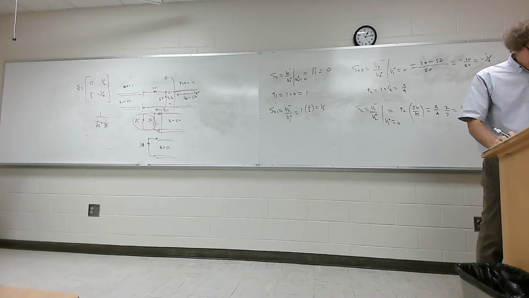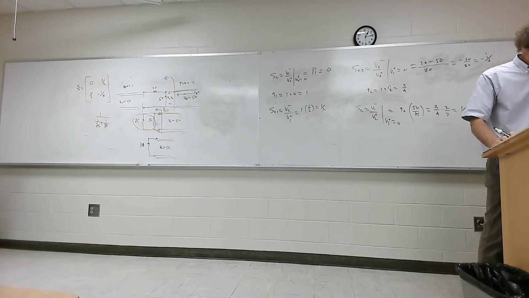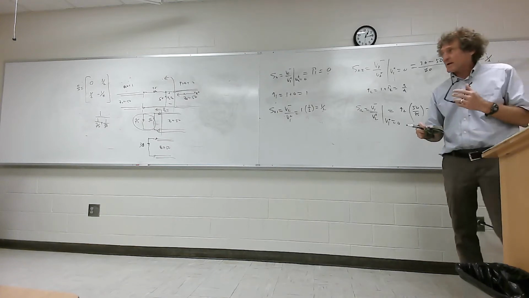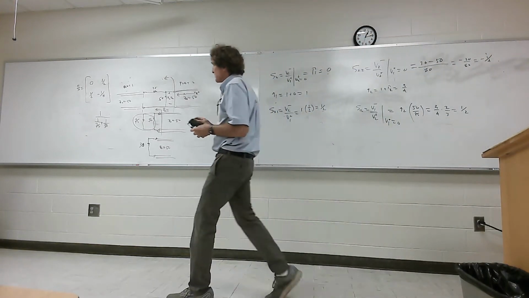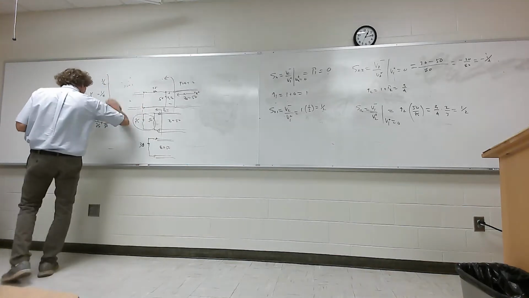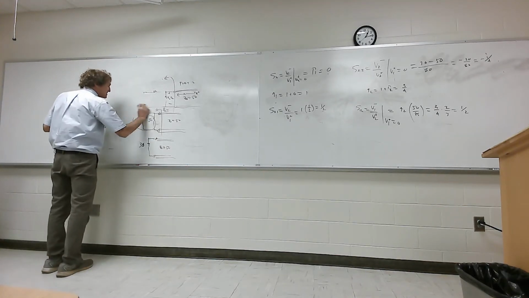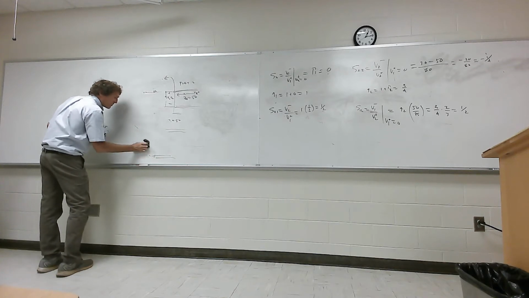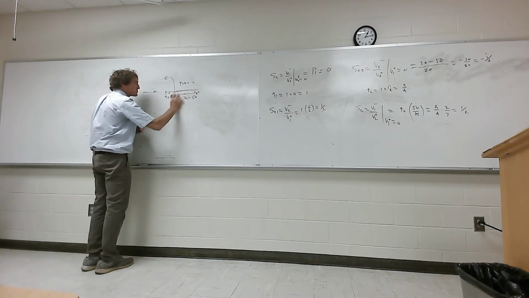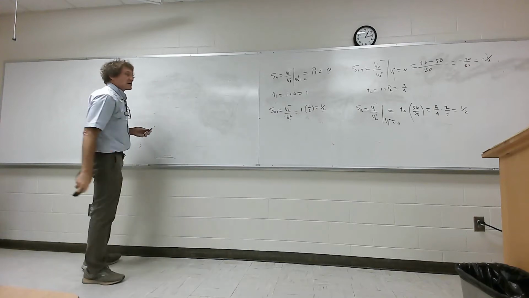There are some things he's going to talk about, lossless and reciprocal networks. I really don't worry that much about that. That's not something that I use in any way, shape, or form, but I'm going to mention this. Now, what do you think would be the easiest way to tell if a network is lossless or not?